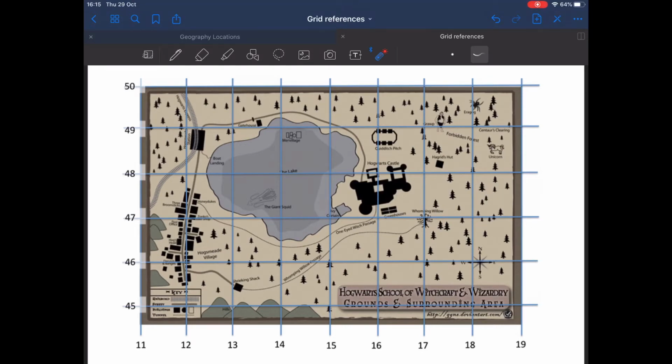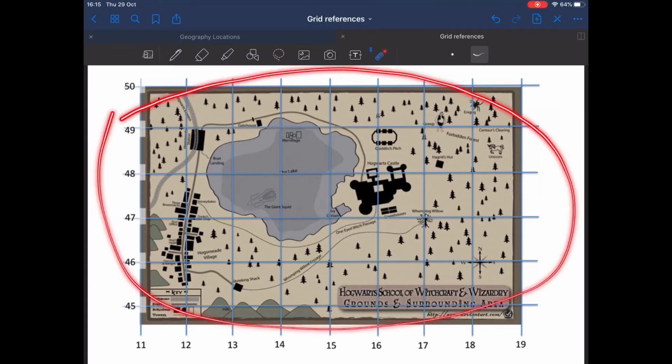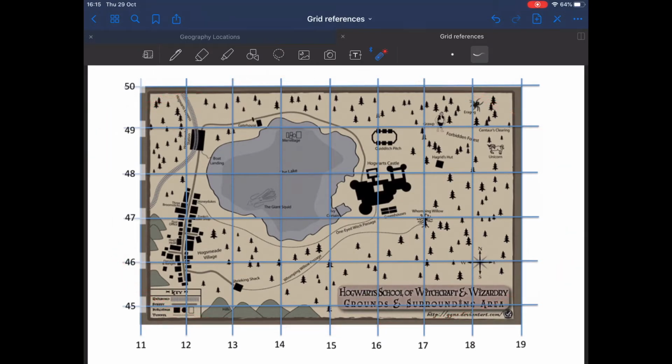Now on maps, grid references can be used to divide a map up into a grid, a bit like the one that you can see on your screen right here, which is actually a map of Hogwarts, sort of linked to Harry Potter. And you can see that they've marked on lines going across and they've marked on lines going down.